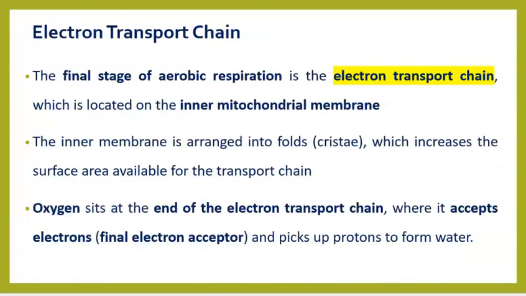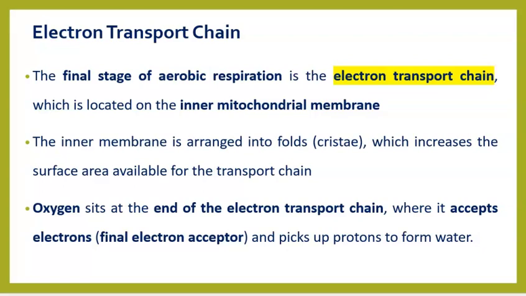Okay. Coming quickly to the electron transport chain, the electron transport chain is the final stage of your aerobic respiration. And this one is not like Krebs cycle. Krebs cycle takes place in the matrix of mitochondria. Electron transport chain takes place in the inner mitochondrial membrane. Please make sure you know the structure of the mitochondria.